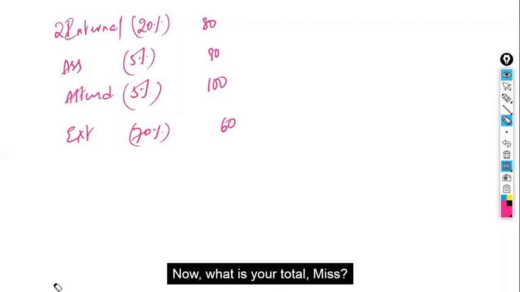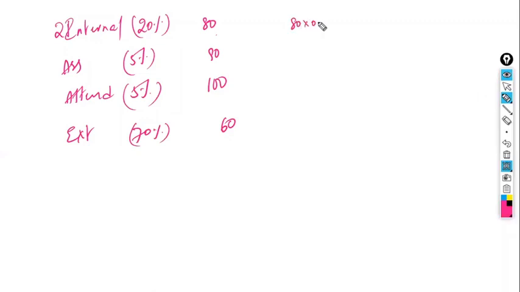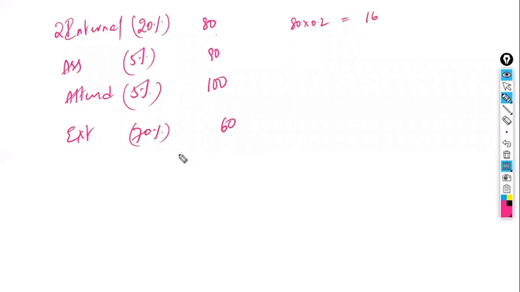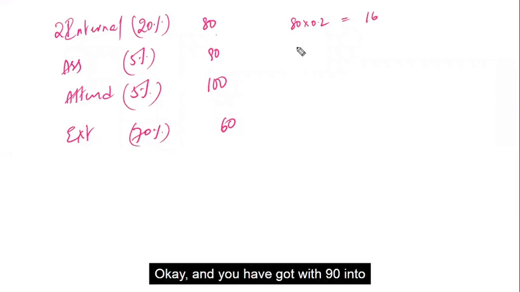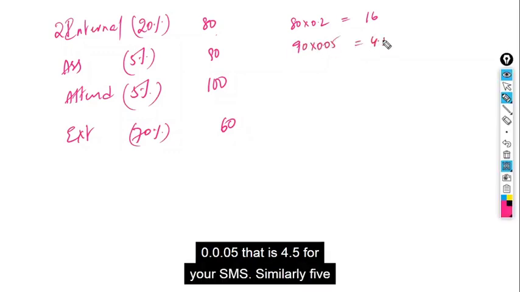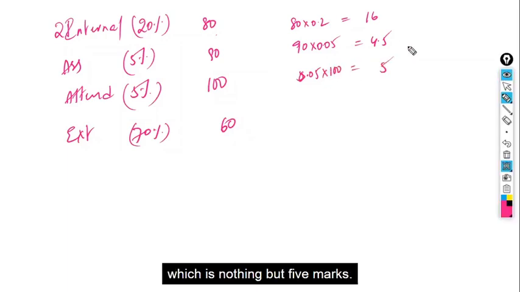Now what is your total? You multiply 80 into 0.2, that is 16 marks considered out of 100 for internals. Then 90 into 0.05 is 4.5 for your assignments. Similarly, 0.05 into 100 is 5 marks.